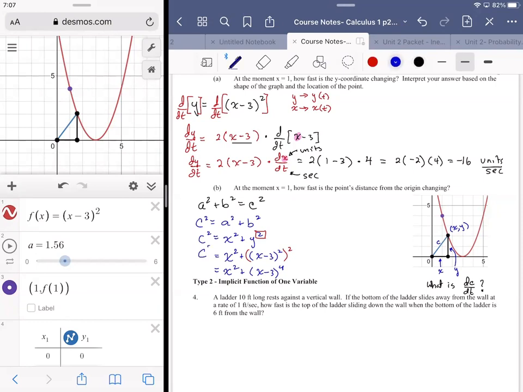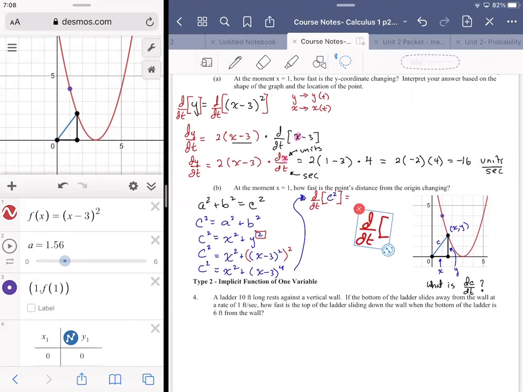So I'm going to differentiate this function of x as is by taking the derivative of both sides with respect to time, d/dt, not what I meant to do.